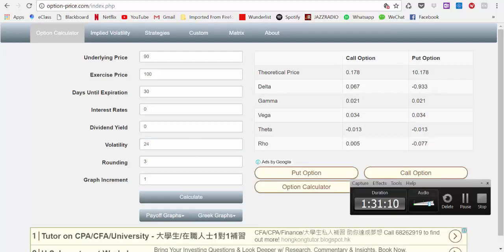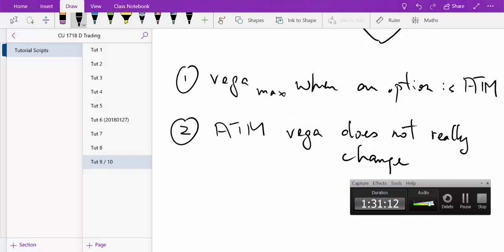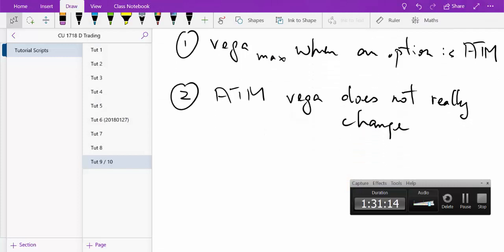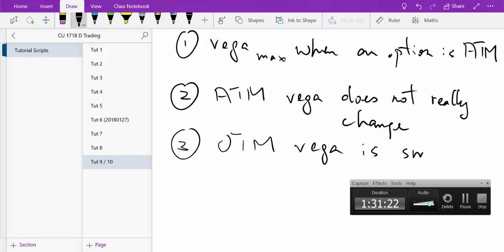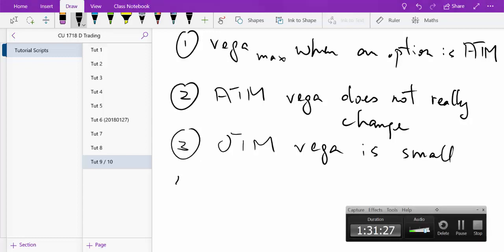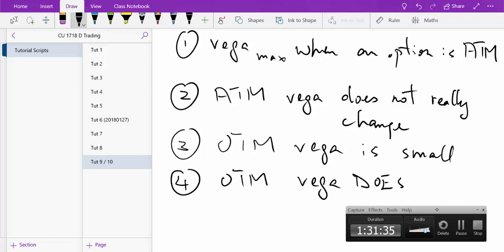So the third point I can make is that out of the money Vega is small. We know that. But point number 4, out of the money Vega does change, even if it's just a little bit.